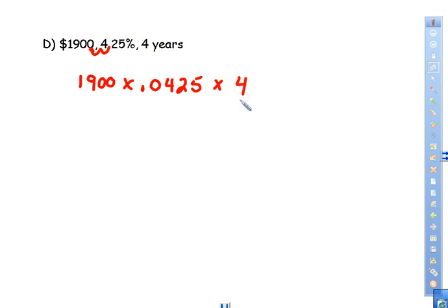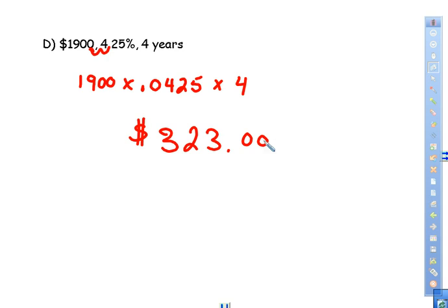So now we can take our 1,900 times 0.0425 times 4, and that's going to equal 323, and that is it. It is dollars. You can put your 2 zeros if you like, and that's your answer.